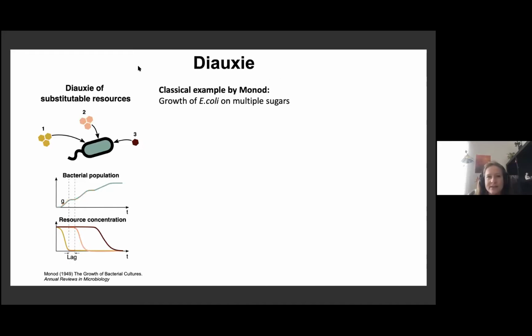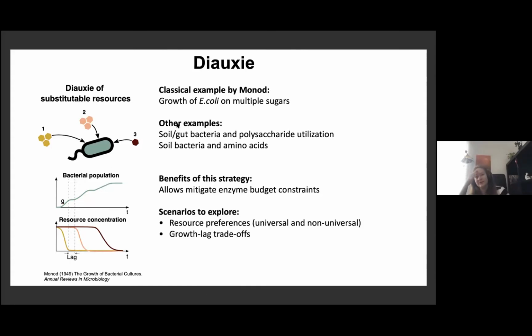And this strategy is actually very widespread in nature. Recently there were some papers where people started to measure experimentally those diauxic phenomena for soil bacteria, for gut bacteria, especially on polysaccharides. Also there were some papers where they detected some diauxy on amino acids.